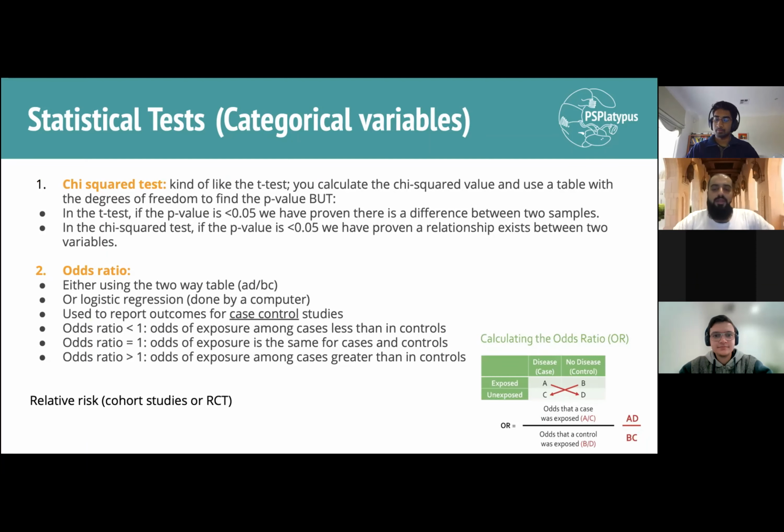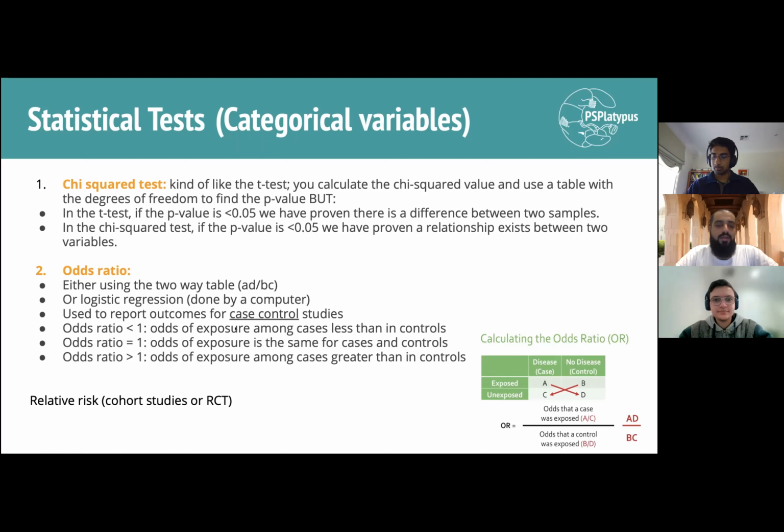Then we have the odds ratio. We can calculate the odds ratio using, for example, this table, where we multiply A by D and divide this value by B multiplied by C. Or we can use computer to get the logistic regression. And this odds ratio is actually used for case control studies.